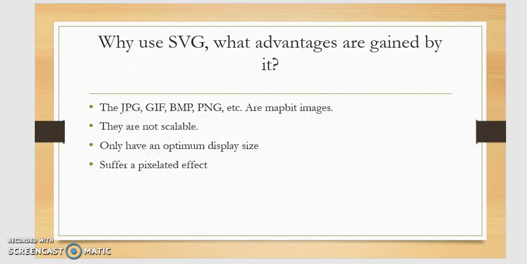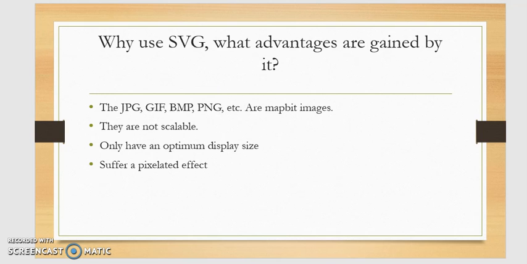Now, why should we use SVG and what advantages are gained by it? To understand this, we must note that the majority of images like JPG, GIF, BMP, PNG, etc. are bitmap-based images. The problem with this type of image is that they are not scalable.